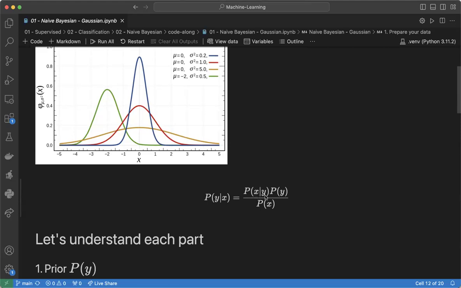The probability of X given Y is surprisingly just this normal distribution. Then multiplied by the probability of Y, and divided by the probability of X.